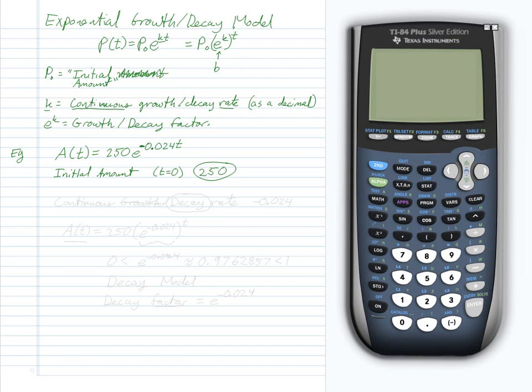Our continuous growth or decay rate, we're not sure which one we're dealing with yet, is simply the value of k, negative 0.024.